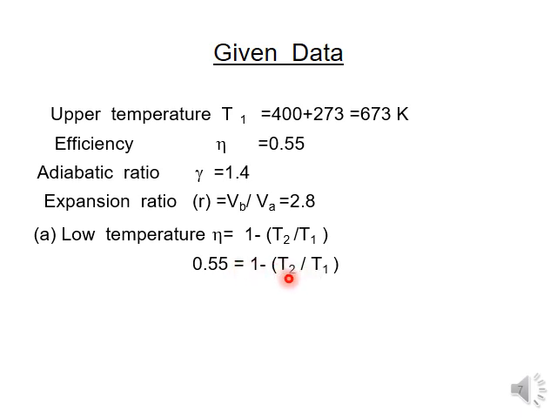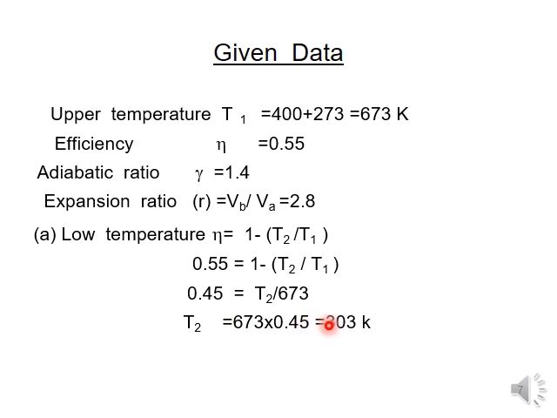So bring this T2 by T1 to the other side and it becomes plus T2 by T1, and bring this 0.55 to the LHS side, it becomes 1 minus 0.55. So T2 by T1 is equal to 0.45, and substitute the T1 value. T2 divided by 673 is equal to 0.45. So by cross multiplication, 673 multiplied by 0.45, we will get the T2 value. T2 is equal to 673 into 0.45, which is 303 Kelvin.